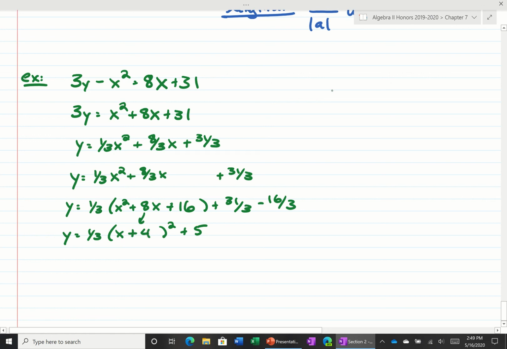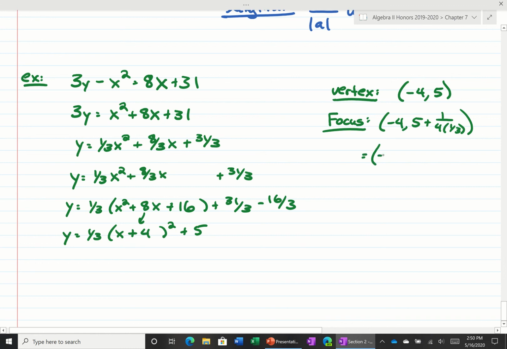All right, so our vertex would be, we're going to the left 4 and up 5. The focus would be negative 4, and then 5 plus 1 over 4a, or negative 4 comma 5 plus 1 over 4/3, which is the same thing as 3/4, or we could just say the focus is negative 4 comma 5 3/4.